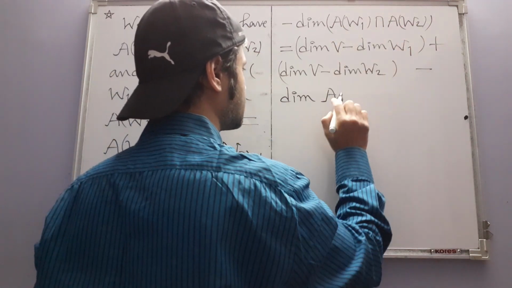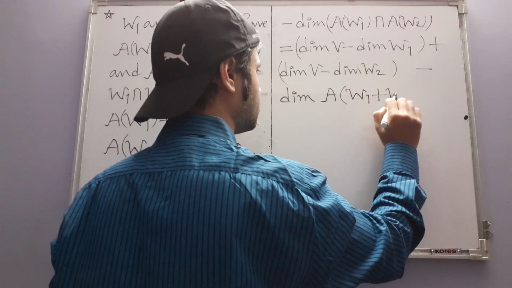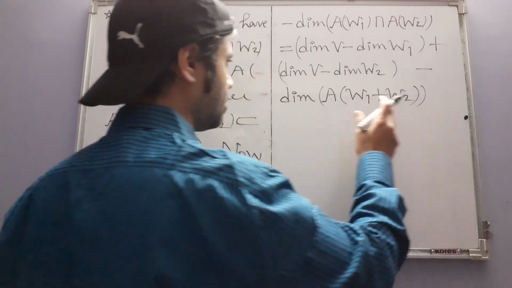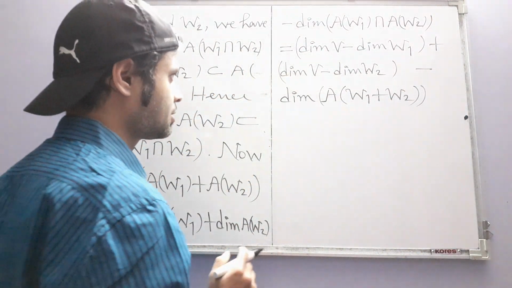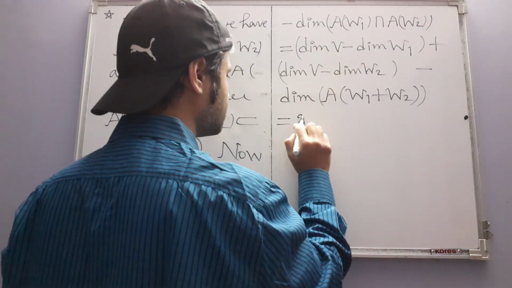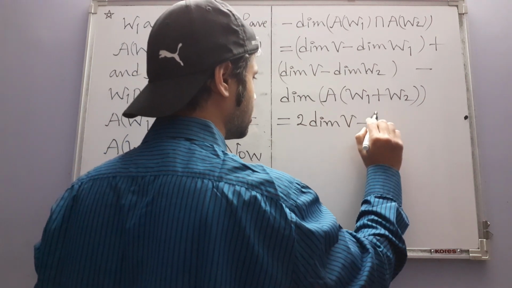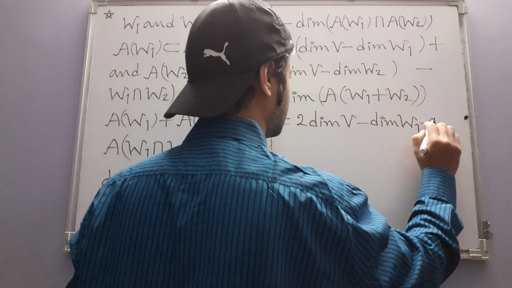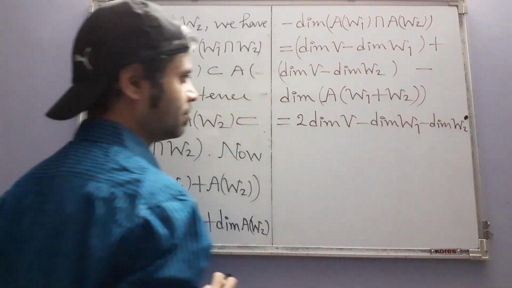This intersection is equal to this annihilator. If you want, you can write alongside that this comes from the previous exercise or previous solution rather. So this becomes 2 times the dimension of V minus dimension of W1 minus dimension of W2.